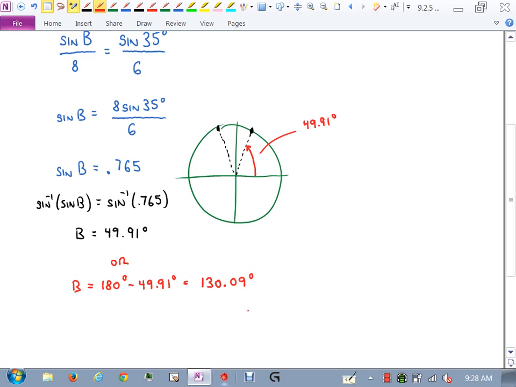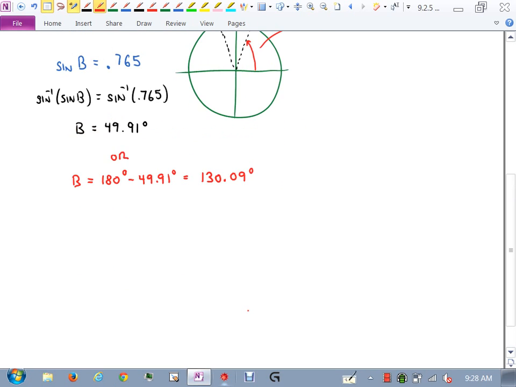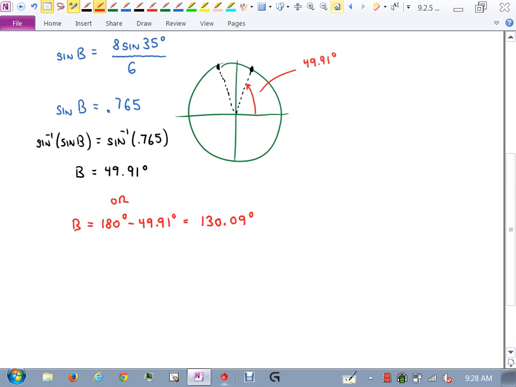So we now look at our two different scenarios. Y'all with me? I'll do it on the next page because I'm not going to have enough room. So B is going to be 49.91 degrees, or possibly B could be 130.09 degrees. And now let's consider both.